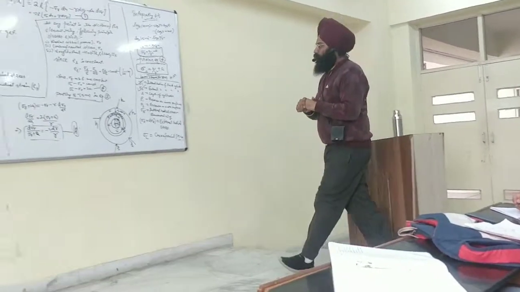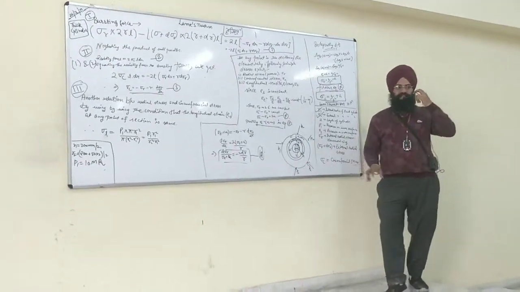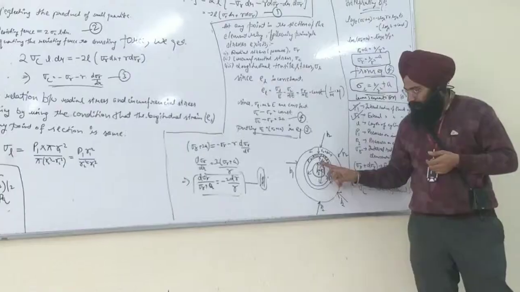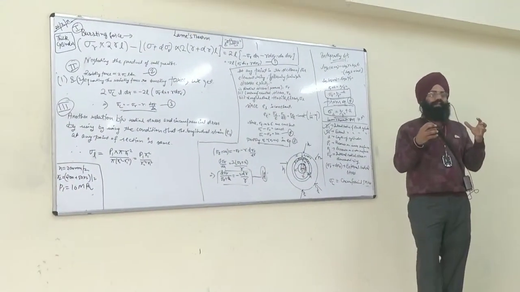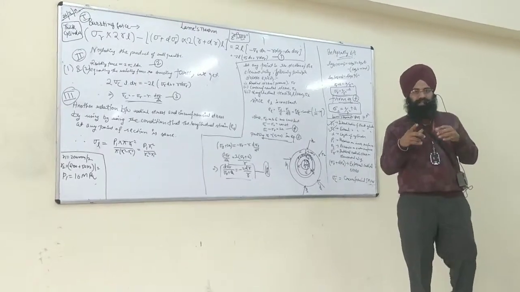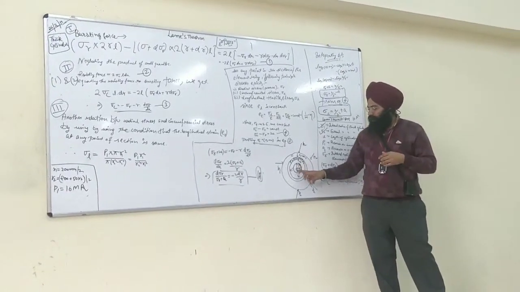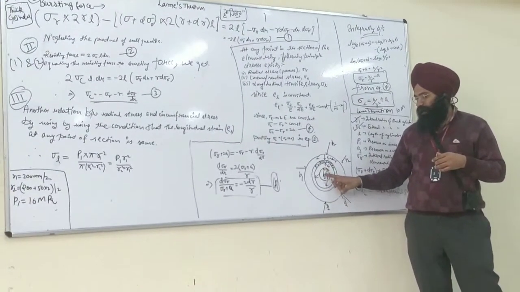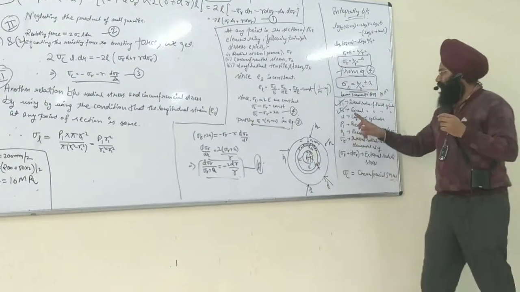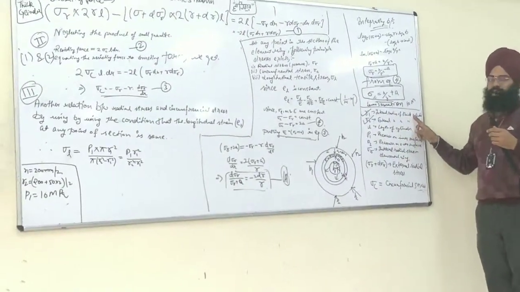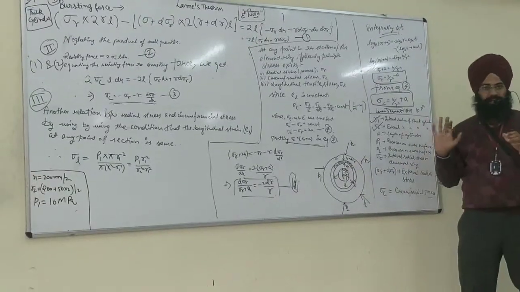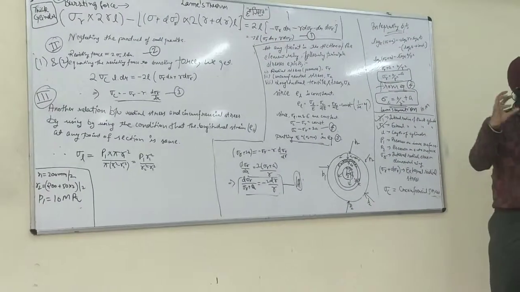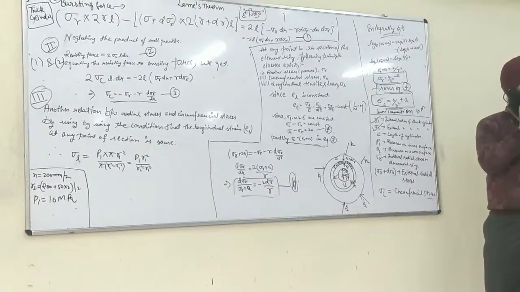Now, let us come to a thick shell. This is a thick shell, say. We know that the internal side allows the pressure to flow. Vinay, you were asking the question about the diagram. This is the internal radius, that is R1. This is R2, the outer radius of the cylinder. Fluid will flow inside R1.